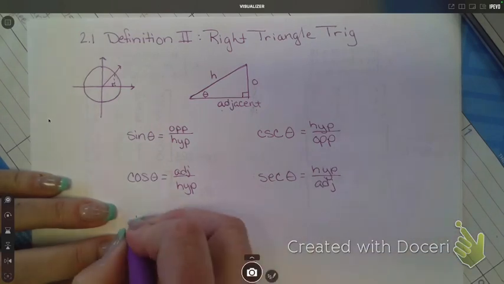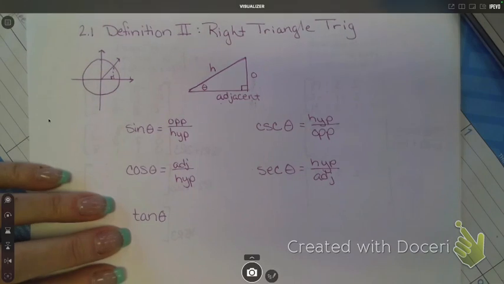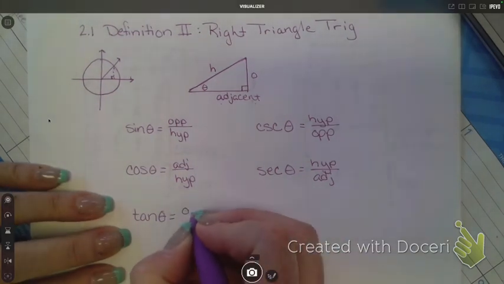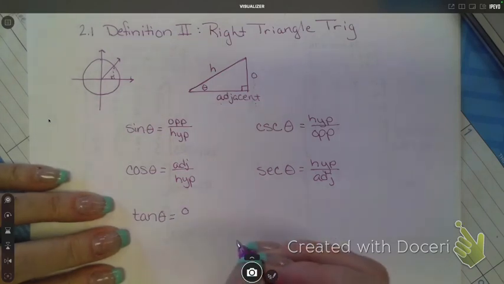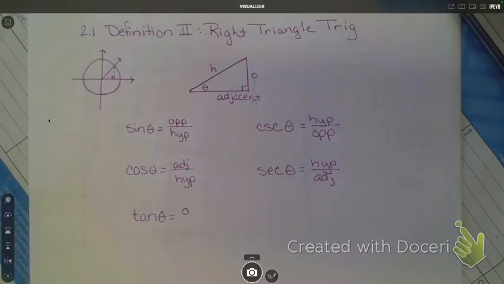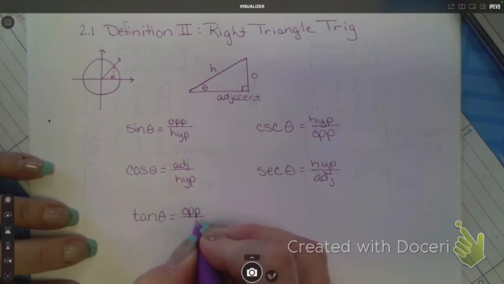And tangent is y over r, so it would be... You mean x over y? No. Tangent is y over... Not y over x. Sorry. It's y in the numerator, not r. Y over x. So opposite over hypotenuse.